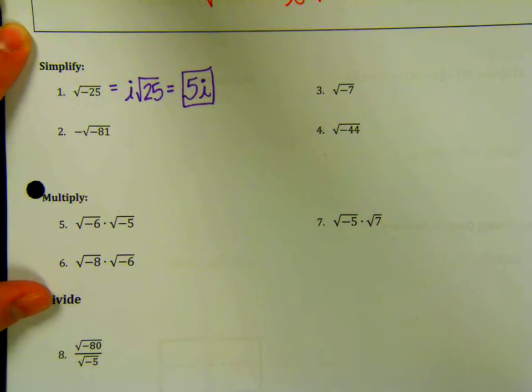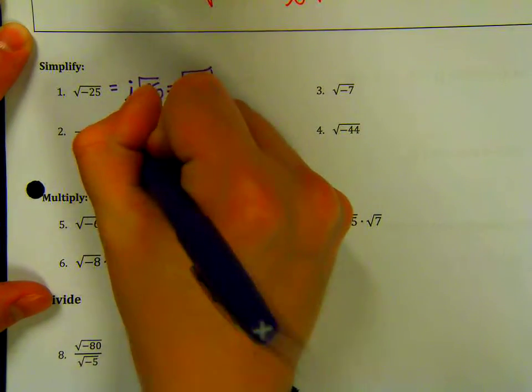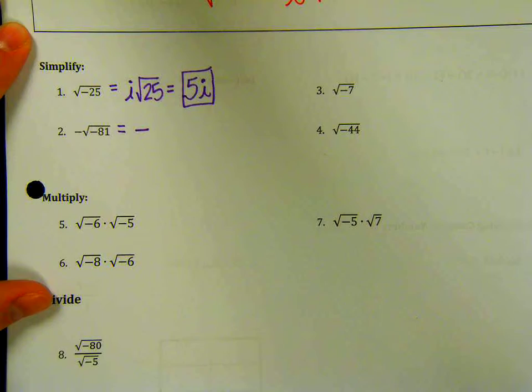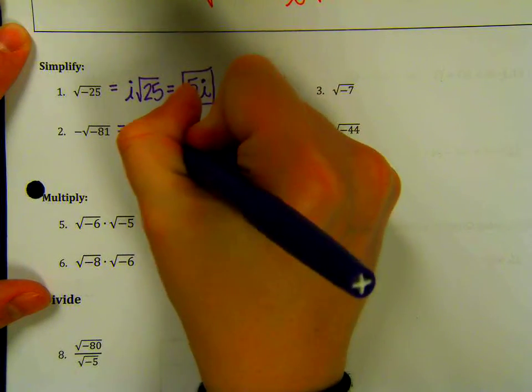Number 2, I have a negative on the end, so I have negative here. And then I can take the other negative out as an i. And then I still have square root of 81.